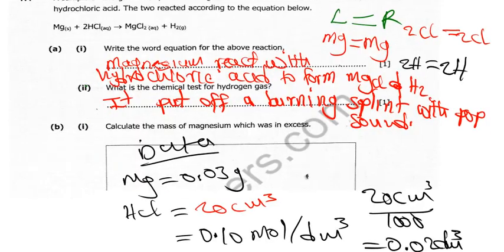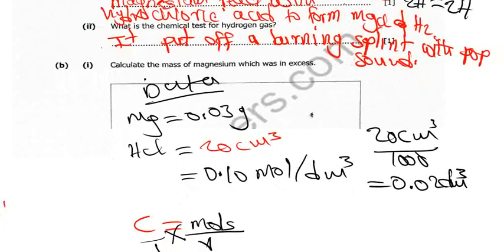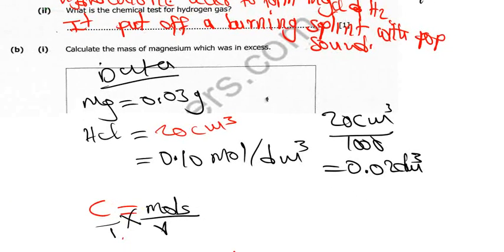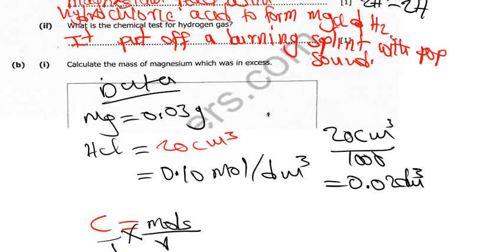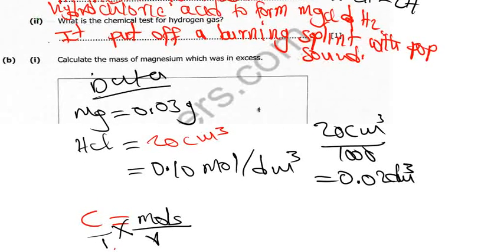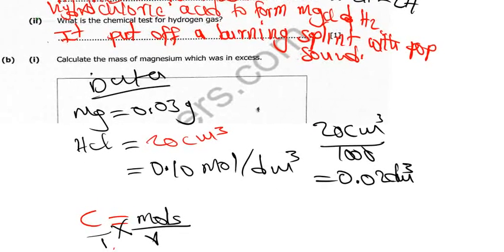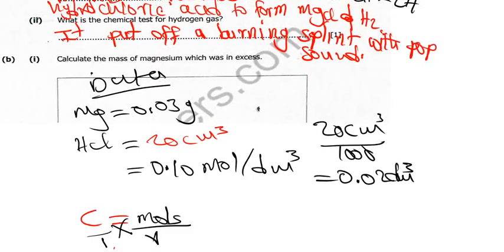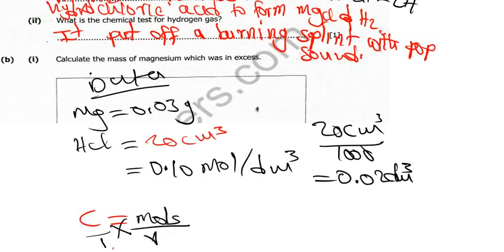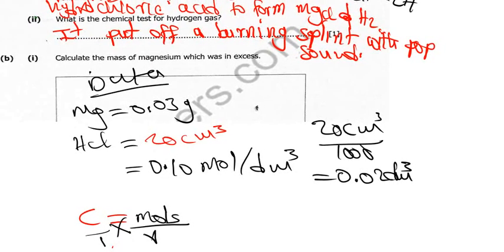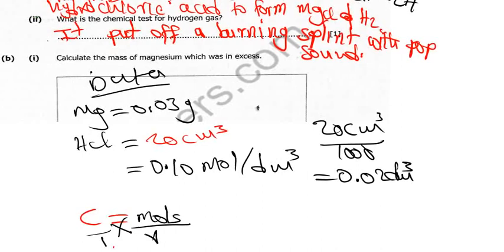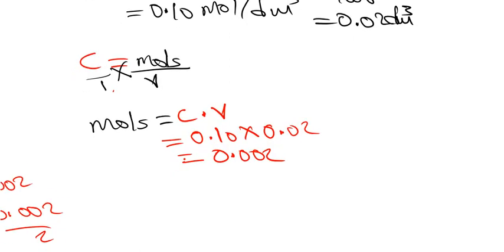Although we are not yet done, because the actual question wants us to calculate the mass of magnesium which was in excess. From our data, we've been given that at the start of the chemical reaction we had 0.03 gram of magnesium. So let us first of all find the actual mass which reacted, because we know the mass we started with.